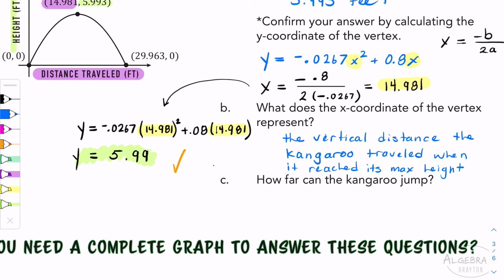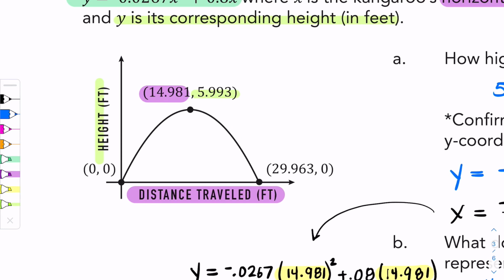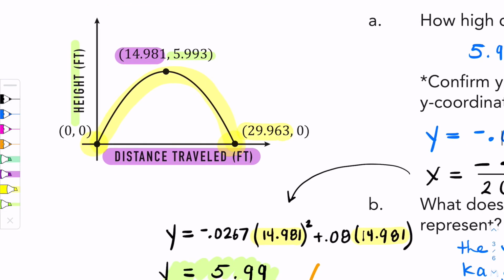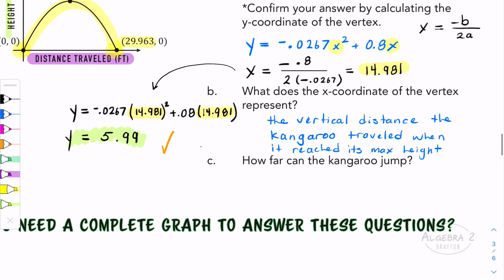And the last part, part C, is how far can the kangaroo jump? Looking at our graph, the kangaroo starts at 0, goes up, comes down, ends at 29.963 feet. So this kangaroo jumped 29.963 feet.